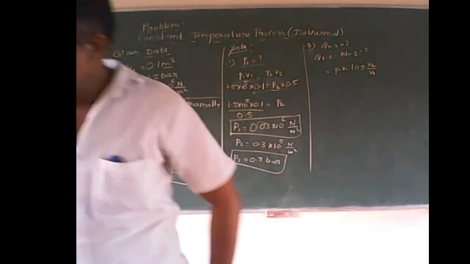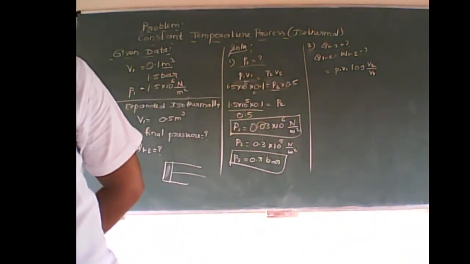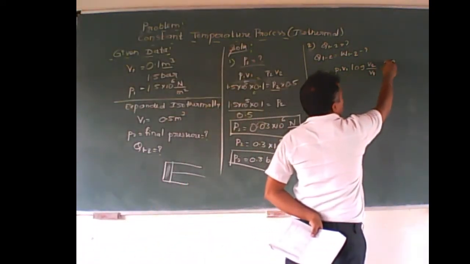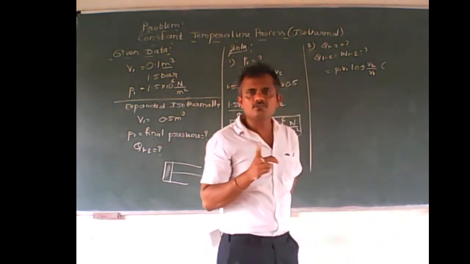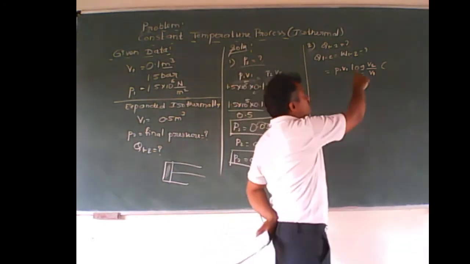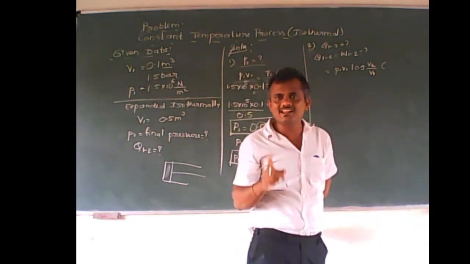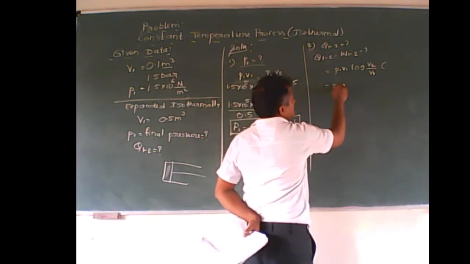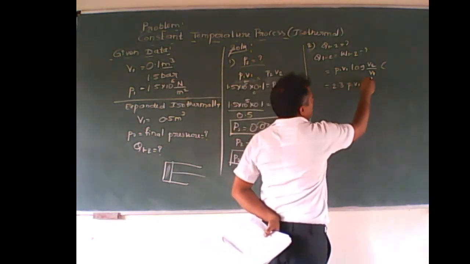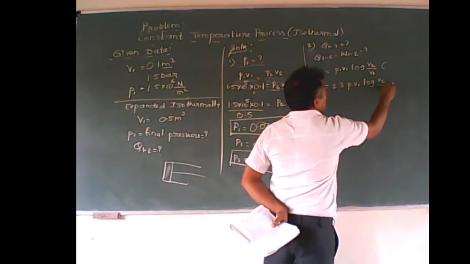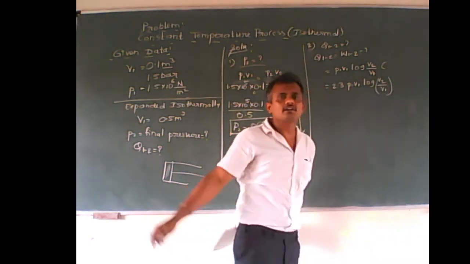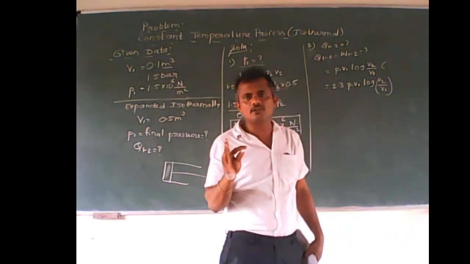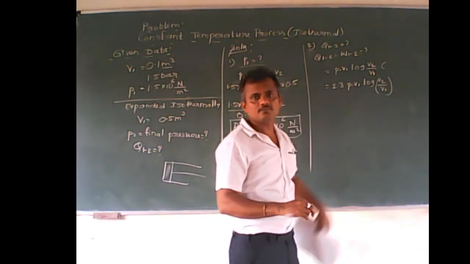You can use ln in your calculator, or otherwise you can use another equation, 2.3 into P1 V1 into log of V2 by V1. Two buttons are available in the calculator, one for ln and one for log.